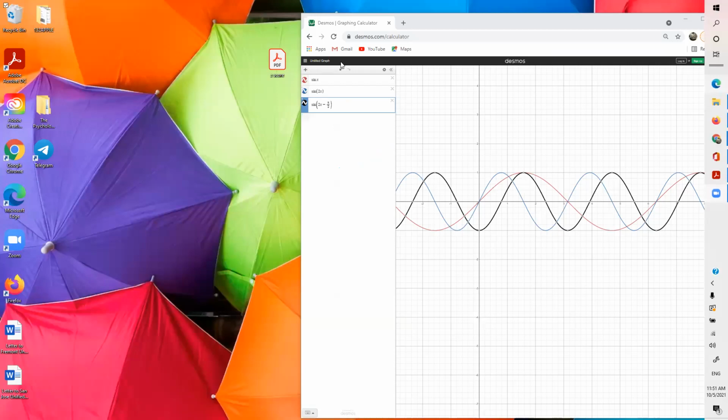Very well. So for sine of 2x plus or minus pi over 2, let us write down minus pi over 2 to follow the formula. To find the period, we have to do two things.